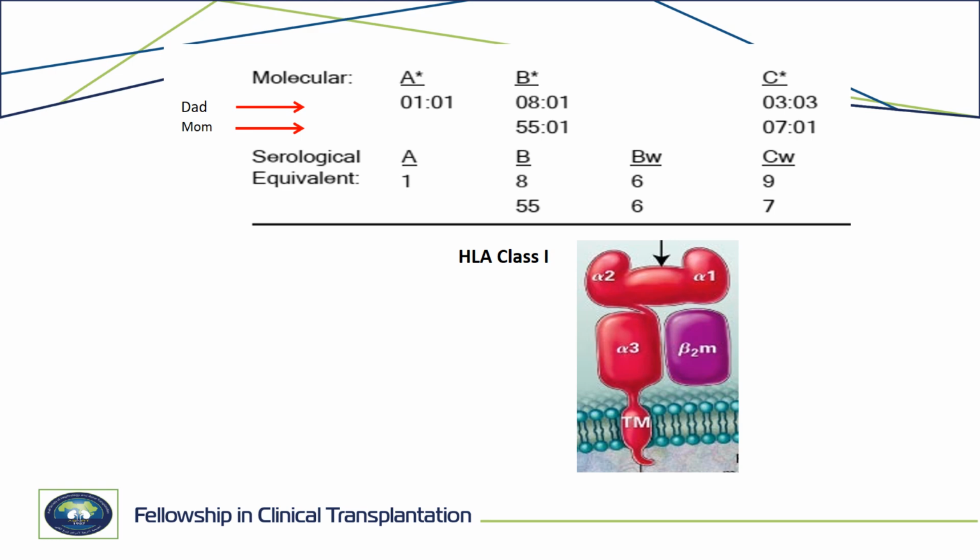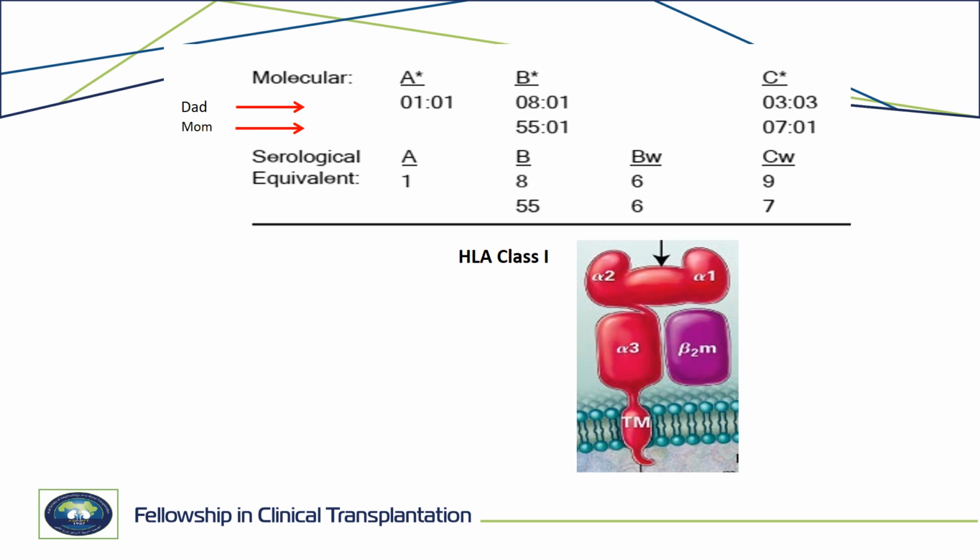When they found that the 0303 is different from the 0304 or the 0301, then the next number was 9. And this is why the serology is a little bit different from the molecular method, and why a computer program is needed to identify the serological equivalent. So in this case, if this is a donor typing, the patient can form an anti-CW9 antibody against this typing.